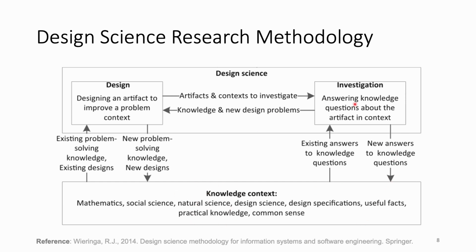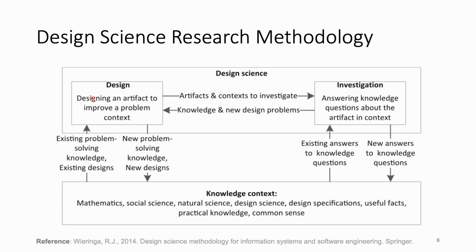But there might also be, when you investigate the tool that you have created, new problems that you find, or certain challenges that you would like to address to improve the tool. So you go back to the design space, and you improve the design of your artifact.